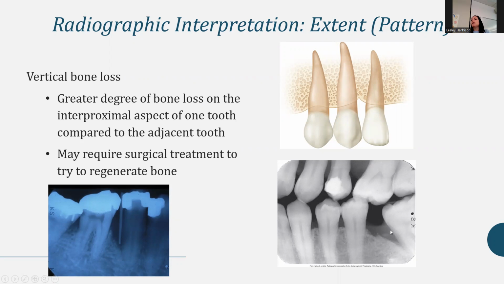If the CEJ was way down here and this CEJ was way up here, then if you tilted that tooth upright, technically speaking, they'd be at a similar level. So you just have to watch that it really has to be equal CEJs and then the bone level is unequal, if that makes sense.